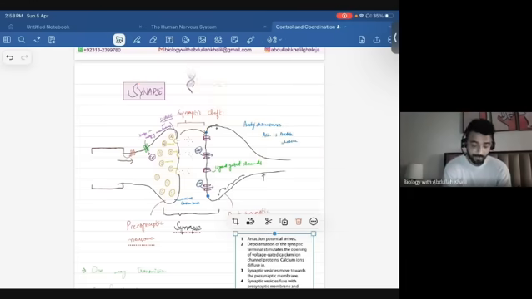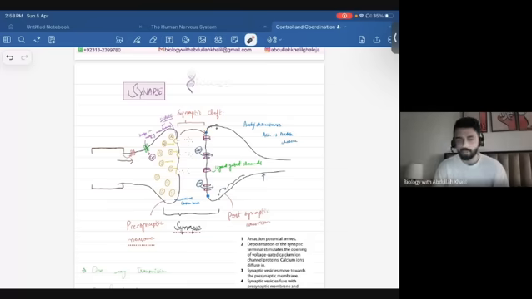The original stimulus could be something like pressure or light, but the receptors would convert it into electrical impulses. Now, these electrical impulses are transmitted to the central nervous system by the neurons. Neurons are supposed to conduct electrical impulses. That's the primary job of a neuron.